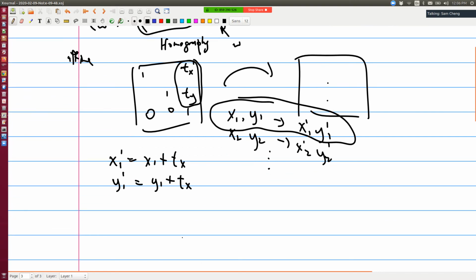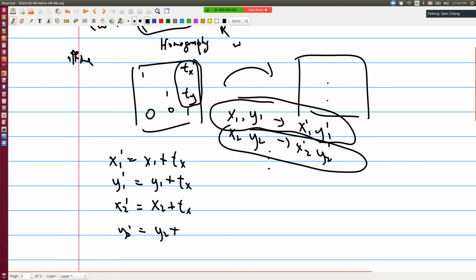And I'm also going to consider this pair. So I have another equation: x2' is equal to x2 plus tx, and y2' is equal to y2 plus ty. I'm sorry, I put tx everywhere. This is ty, of course.